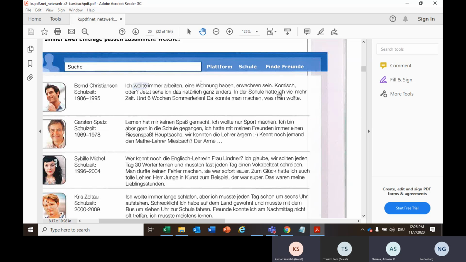In der Schule hatte ich viel mehr Zeit. So, haben has hatte in past tense. We will learn haben and the past tense of haben and sein also tomorrow. So, in der Schule hatte ich viel mehr Zeit, in school time I had more time compared to now. Und 6 Wochen Sommerferien. Sommerferien means summer vacations.